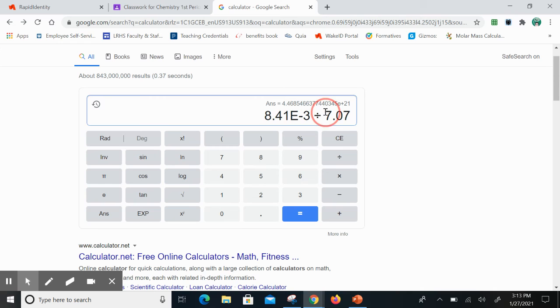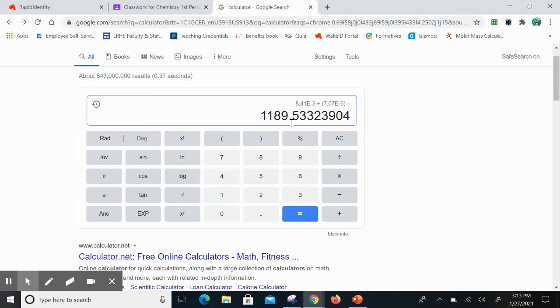So I already just messed that up. 7.07. Oh, I didn't have to do this, right? Because I'm doing this, minus 6. I didn't need parentheses because I was using the E, but anyway, I fell asleep there.